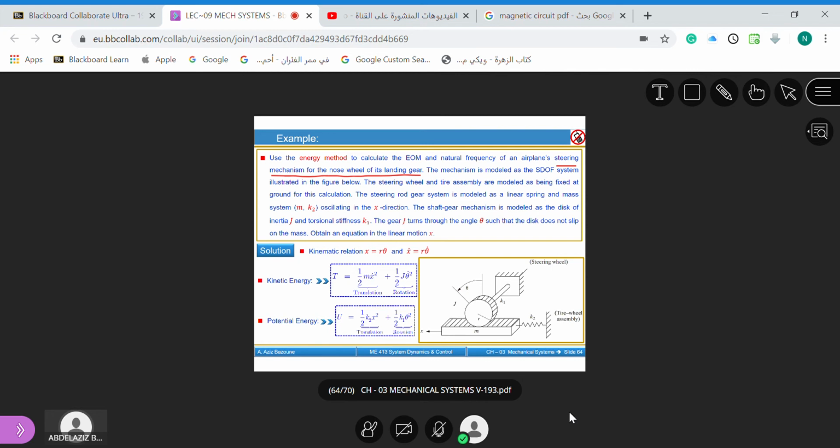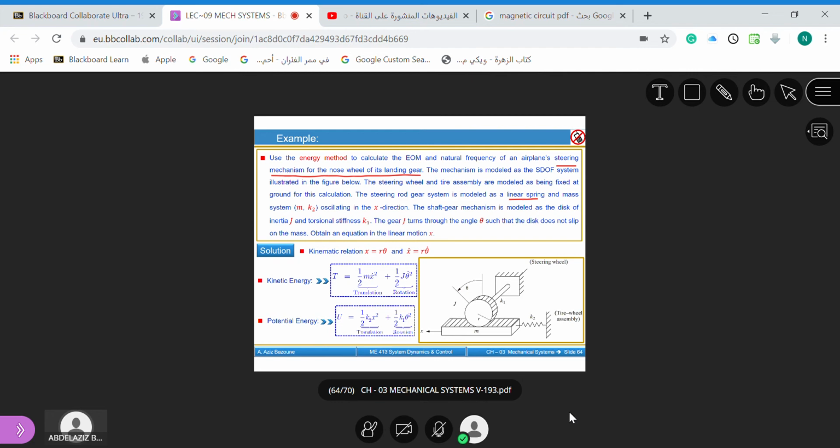The mechanism is modeled as a single degree of freedom system illustrated in the figure below. The steering wheel and the tire assembly are modeled as being fixed at the ground for this calculation. So the steering rod gear system is modeled as a linear spring and mass system, m and k2, oscillating in the x direction.